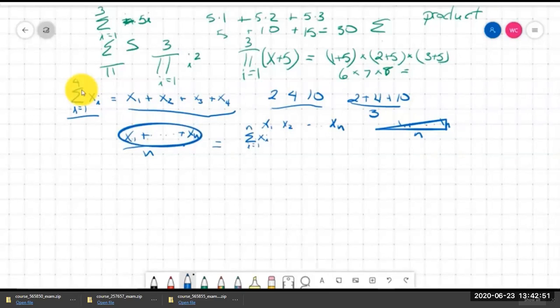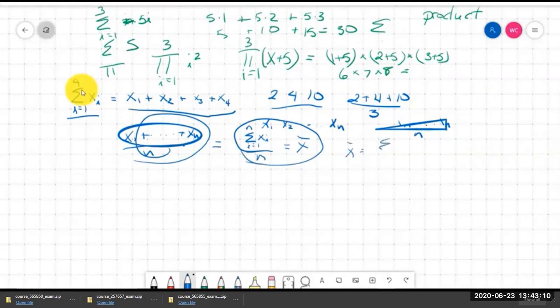Then if I want to divide by n, I just divide by n. And that is x bar. Okay, so we now have another way to write x bar. Besides writing it like this, we can write it like this. Okay, so let me write it again. x bar equals sigma xi, i equals 1 to n, over n.